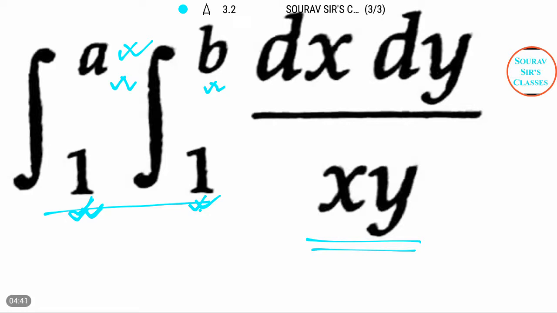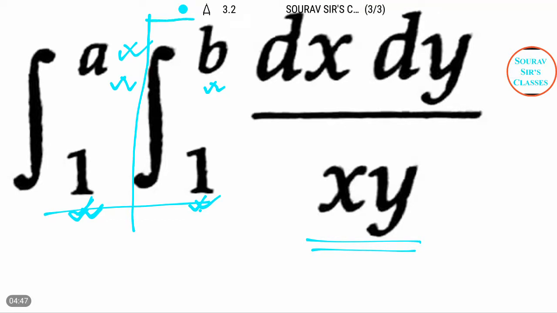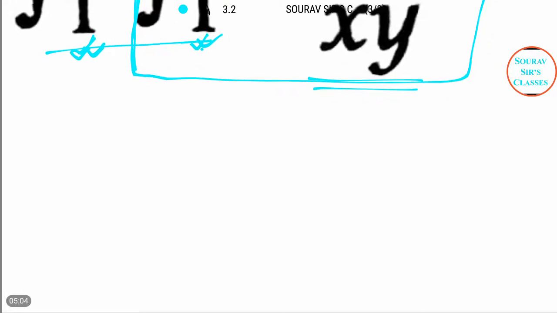Again, we will at first integrate this portion, and then whatever result comes, we will integrate that result with respect to upper limit a and lower limit 1. So now let's start.